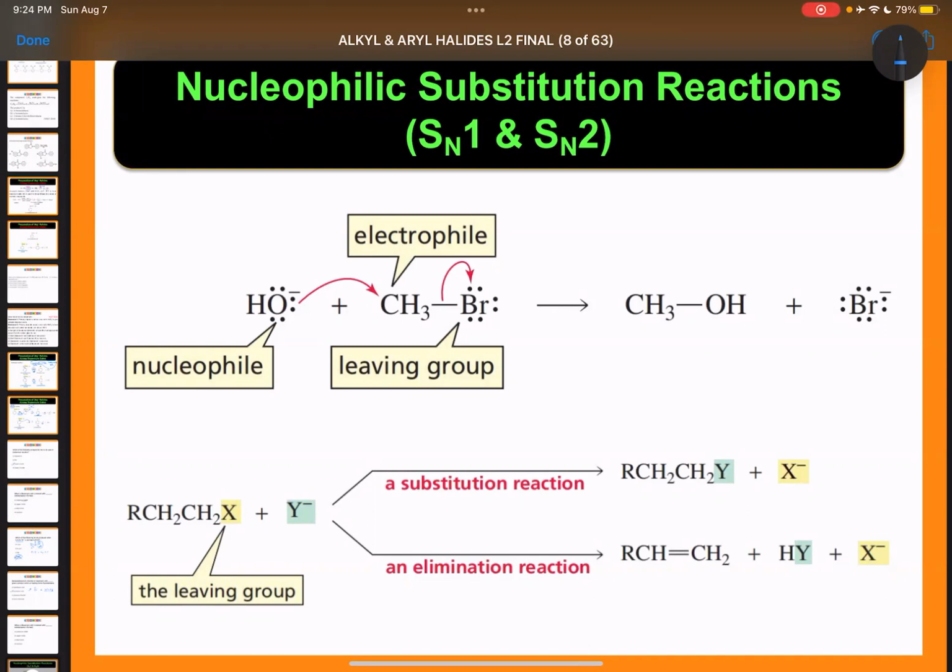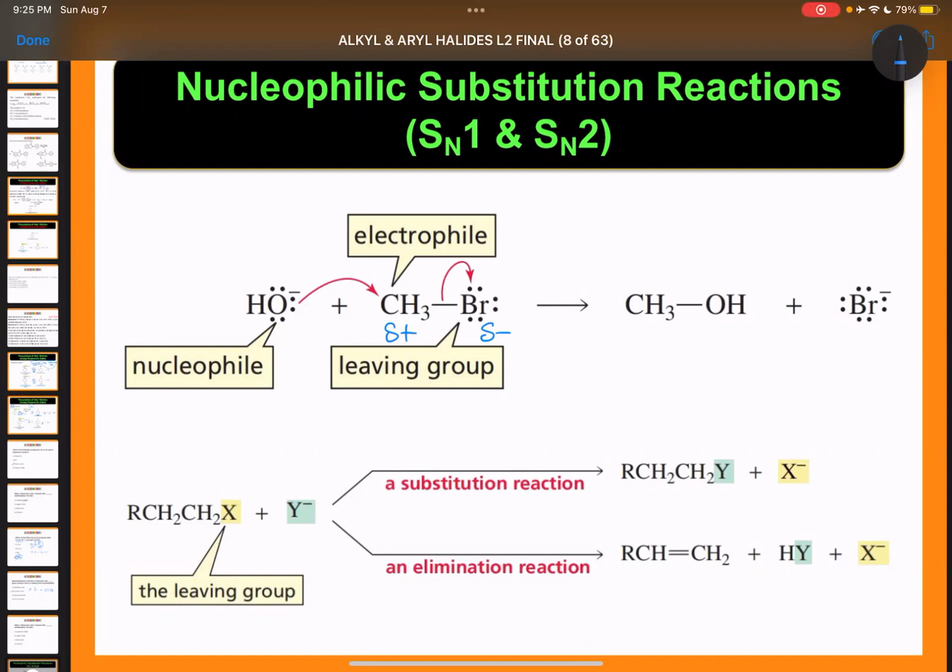Let me tell you, alkyl halides are polar. Why are they polar? Can you tell me quickly? They are polar because there is a polar bond. But why is the bond polar? It is because there is an electronegativity difference between the Br and the carbon.